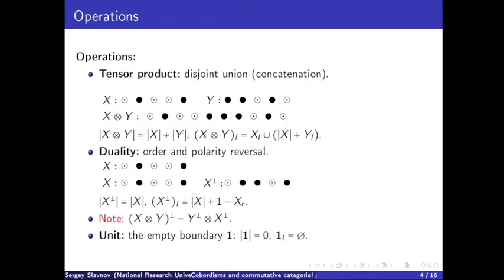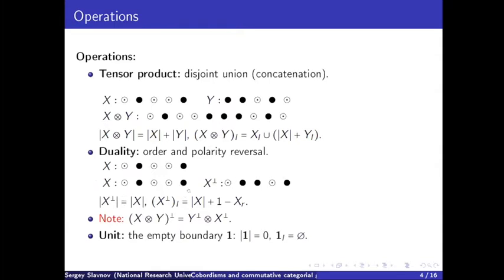And there are operations on boundaries. So there's the tensor product, which is just a disjoint union, or, in some sense, a concatenation of boundaries. We take two boundaries and just put them together one after the other. And there is duality, which I denote as perp, which reverses the order and polarity as in the picture. So here we have two dual boundaries.